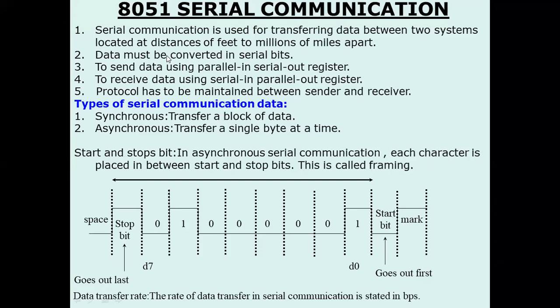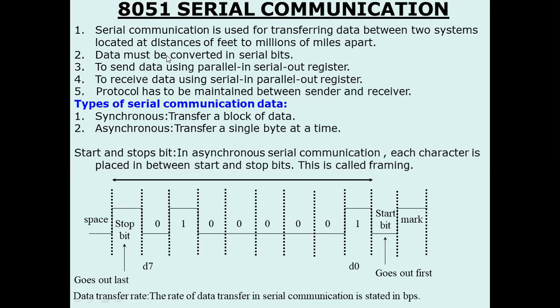On the transmitter side there is an SBUF register, and on the receiver side there is also an SBUF register. So two SBUF registers, one on the receiver side and one on the transmitting side.